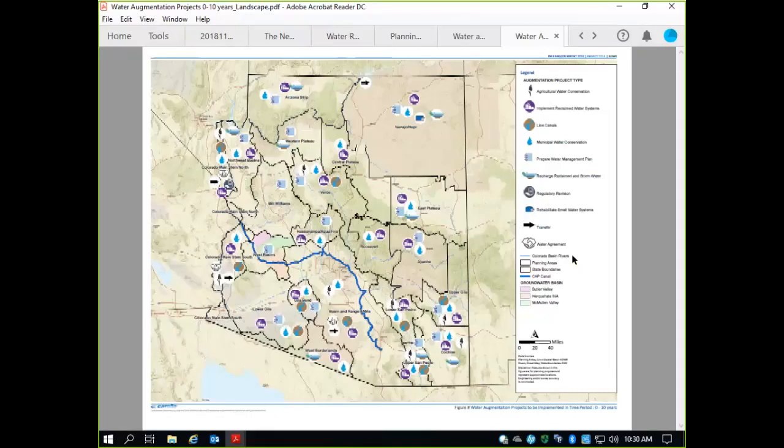The reason is that conservation, to me, is not the same as augmentation. It stretches supplies, but it doesn't provide new supplies. It's so ubiquitous here, even though it's appropriate as a recommendation, I think it might get rid of a tiny bit of clutter to take it out. So I just throw that out there as a suggestion.